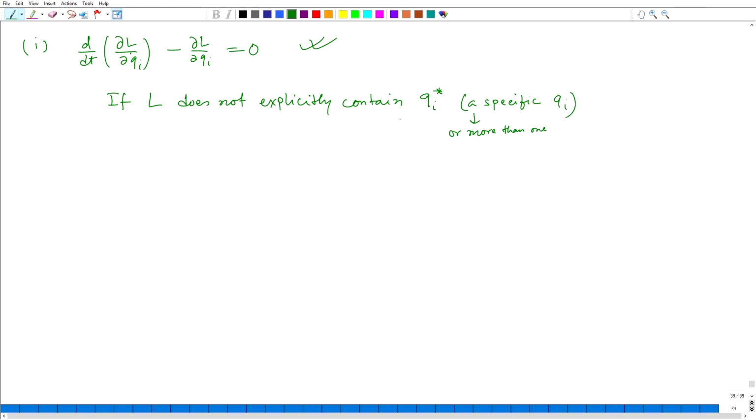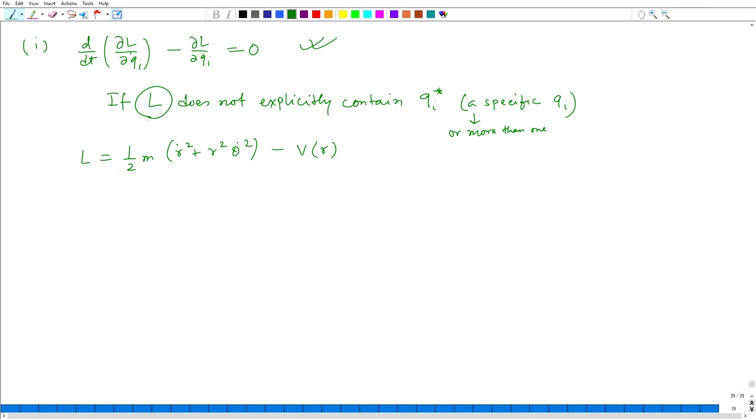So, for example, let us say out of 3 Qi's in a system, 2 have this property, that they are absent from the expression of Lagrangian, but their dots exist in the form of the Lagrangian. For example, this: half m times r dot square plus r square theta dot square minus V of r.